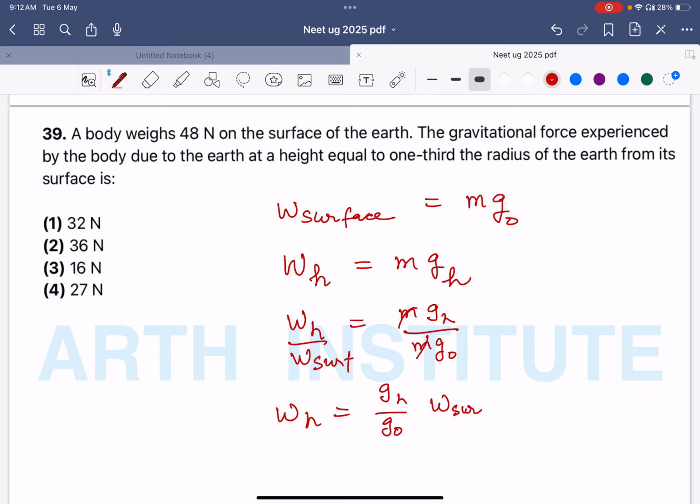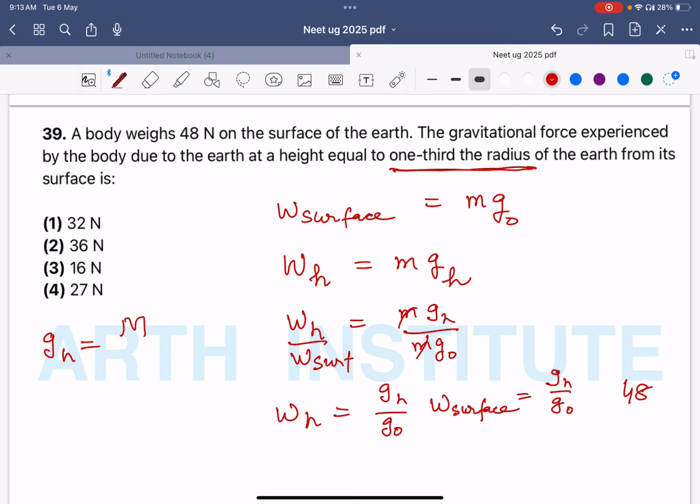You have to remember this, okay? Now weight at the surface is 48 and now you have to find gh by g naught. Now remember the formula for gh, because the height here is comparable to the radius of the earth, so you have to write down the right formula.